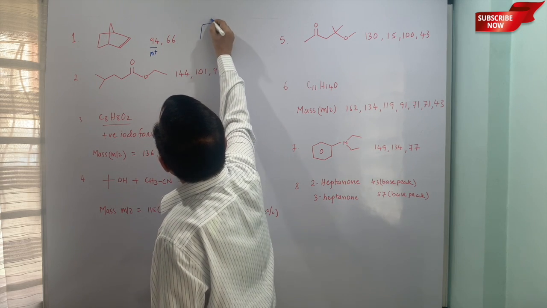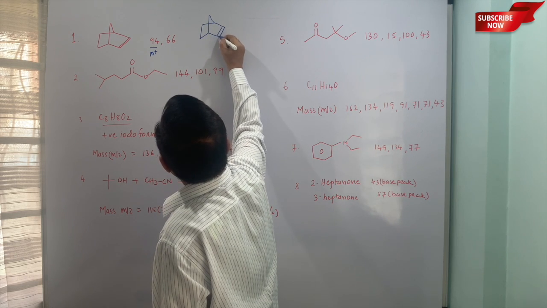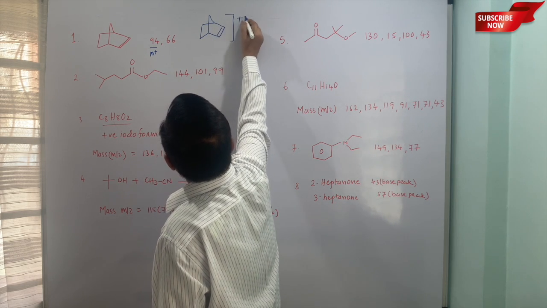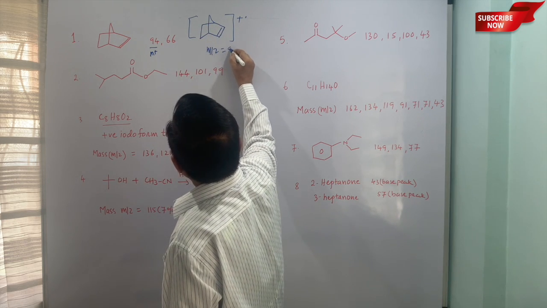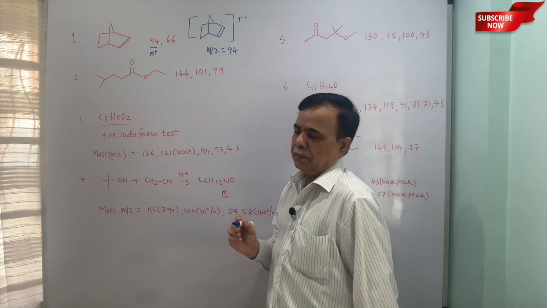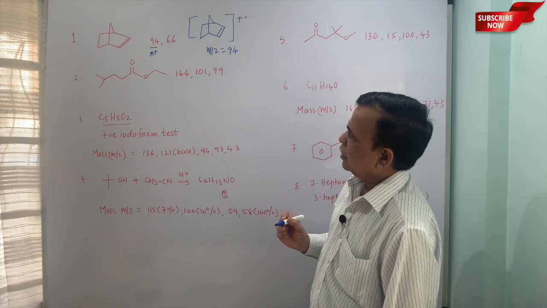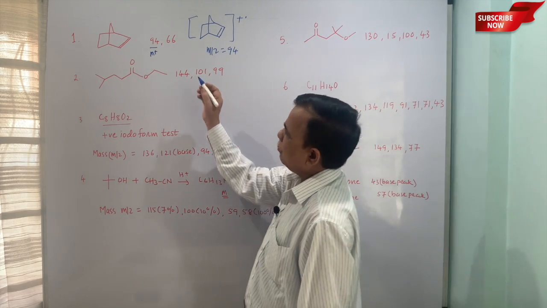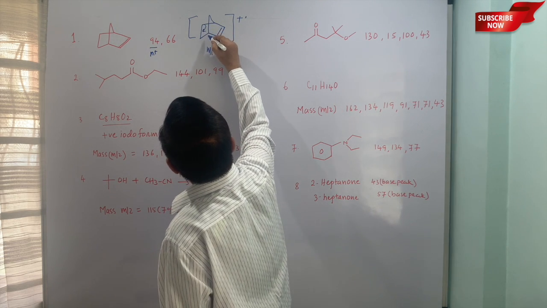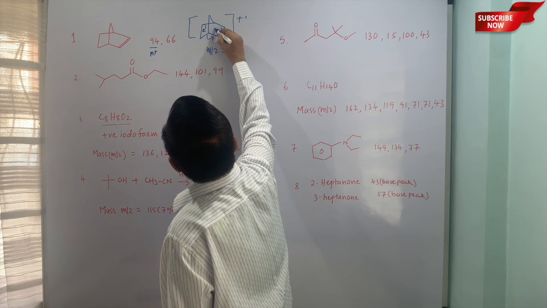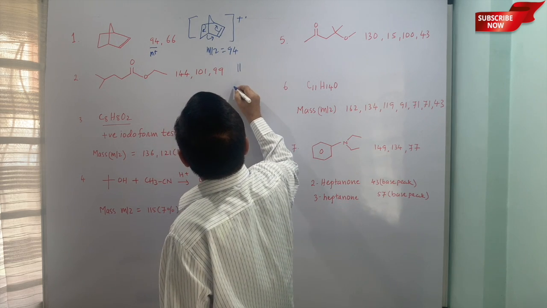So you can show it this way also. You have to simply put radical cation on the top, and mass to charge is 94 for this. Then loss of 28 can give you this. So I am just showing the loss of 28, so that we see what the outgoing things are.